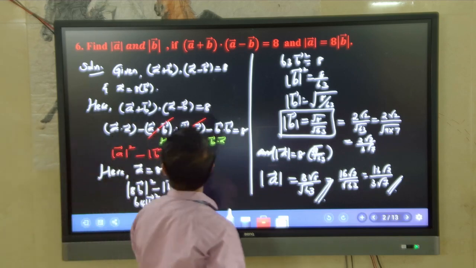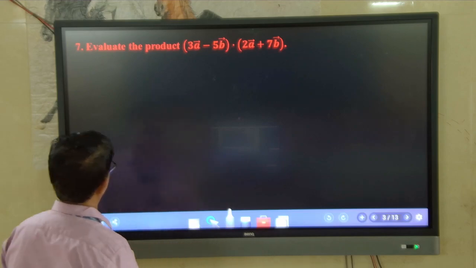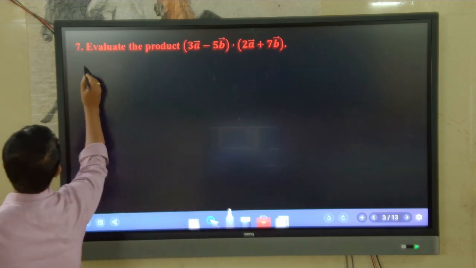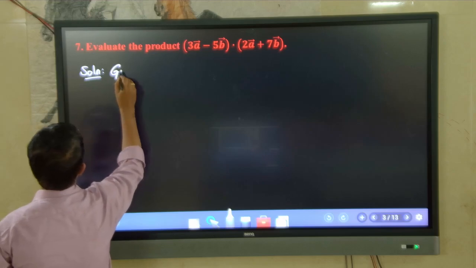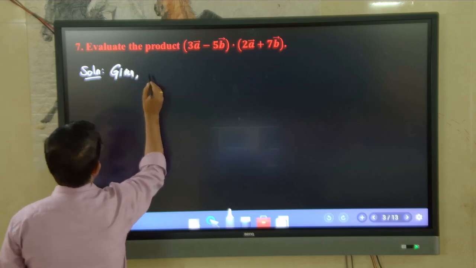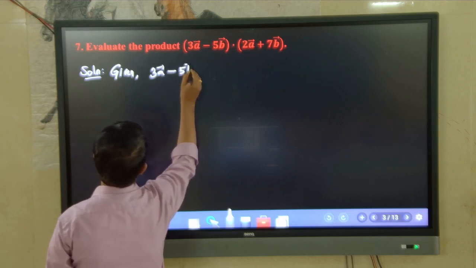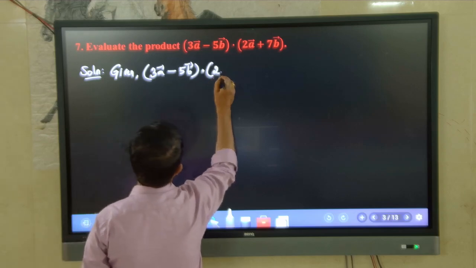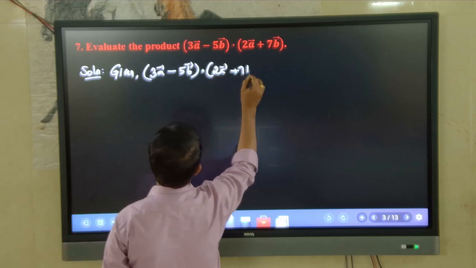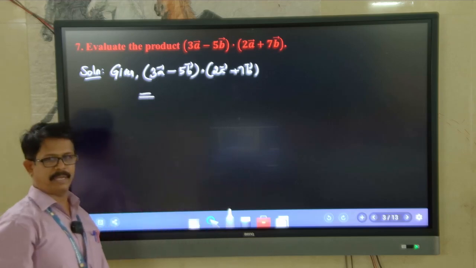Question number 7. Evaluate the products. Yes, solution. The dot product only. Given: 3a vector minus 5b vector dot 2a vector plus 7b vector equal to, they are asking to find the product, correct?